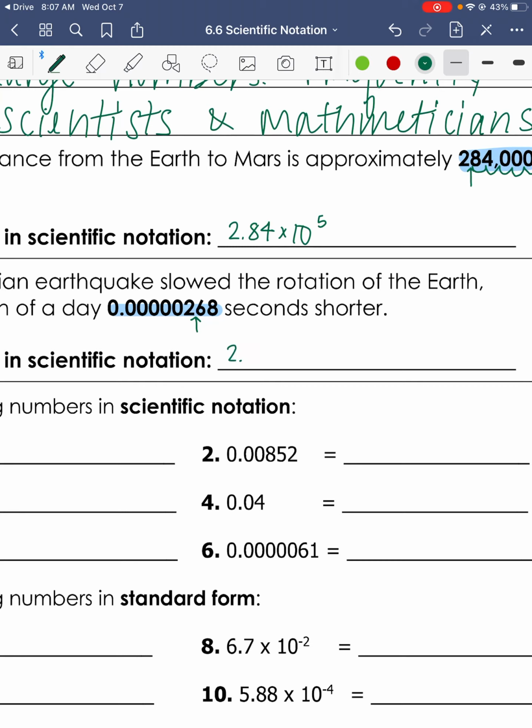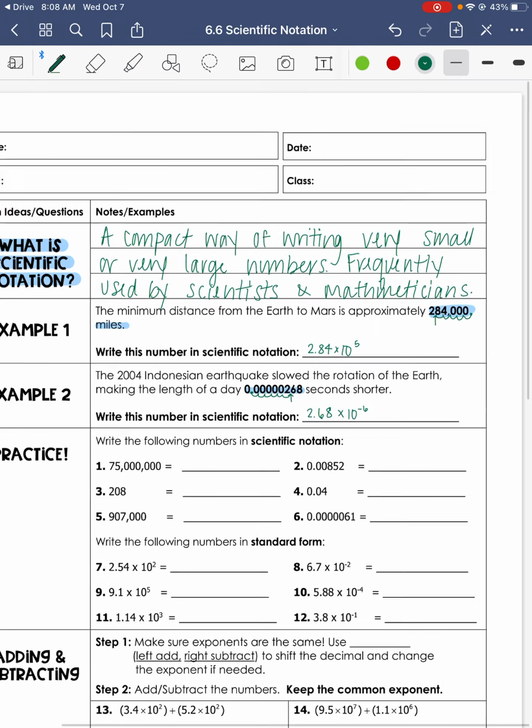So we're going to get 2.68. We're moving the decimal to the right here. This is a small number, so we know that our exponent is going to be negative, but let's see what the number is going to be. Starting here where the decimal is, we're going 1, 2, 3, 4, 5, 6 places. So we get 2.68 times 10 to the negative 6th.